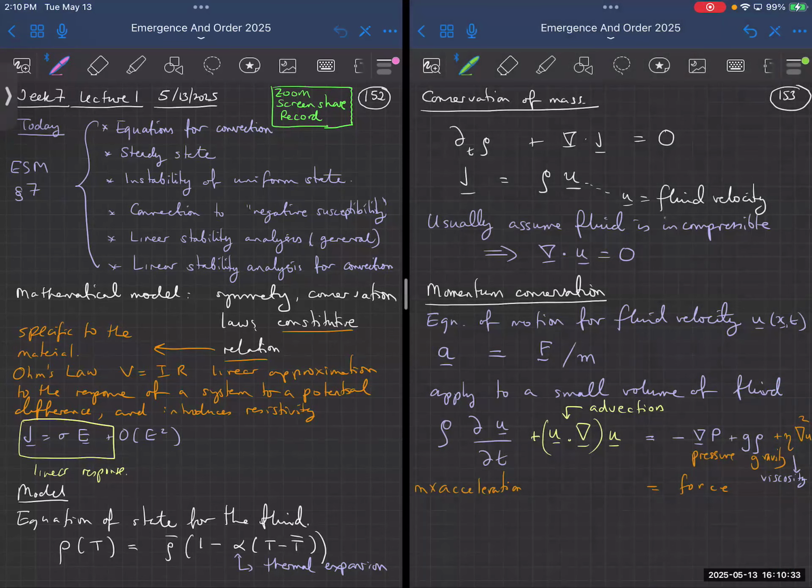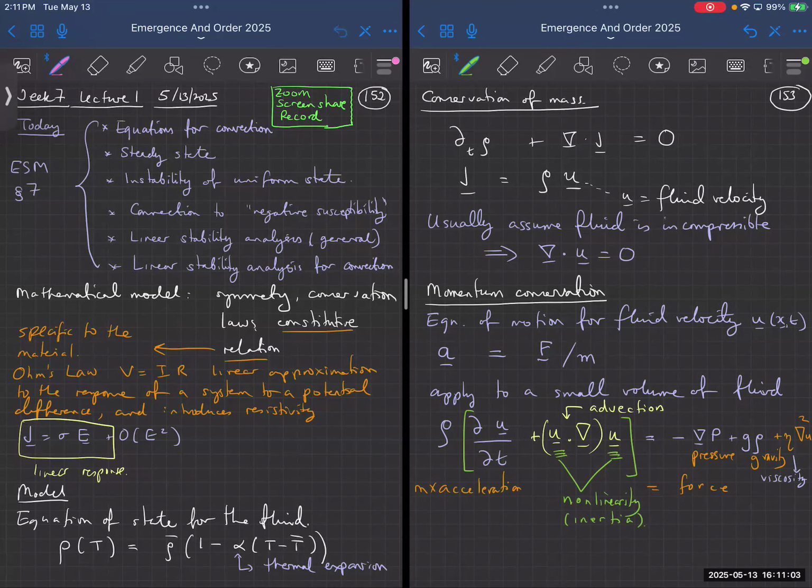So it's nonlinear because you have this and you have this. This nonlinearity is what makes all fluid mechanics complicated. Fluid mechanics is complicated because of this nonlinearity. So notice that this nonlinearity comes from here, and so this basically describes inertia.